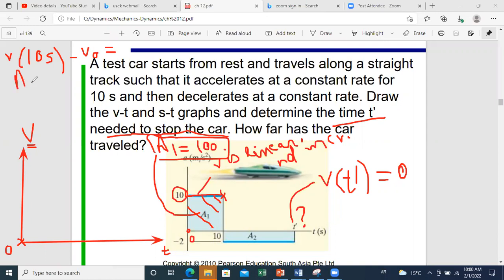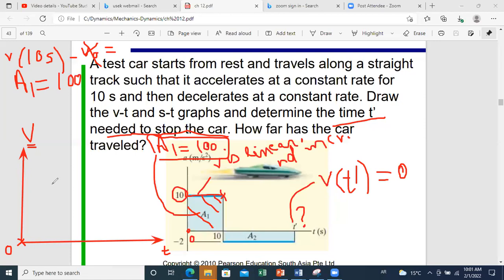And since v0 is 0, the velocity at 10 seconds is equal to the area limited by the acceleration graph between 0 and 10 seconds. This area is 100. So I can deduce that the velocity at 10 seconds is equal to 100 meters per second.